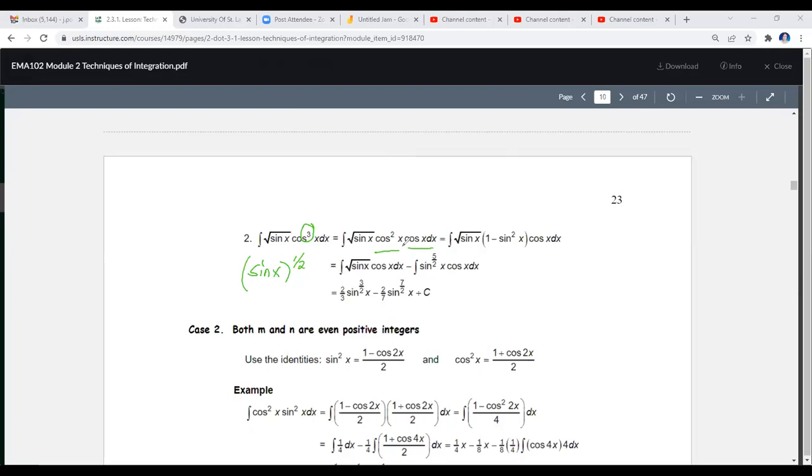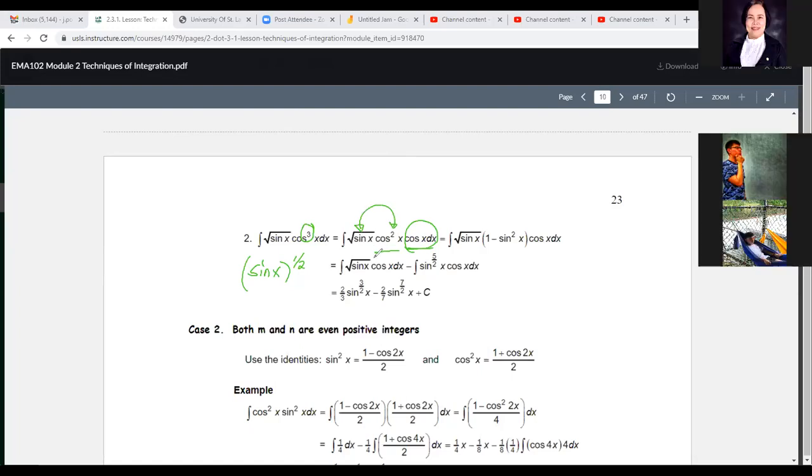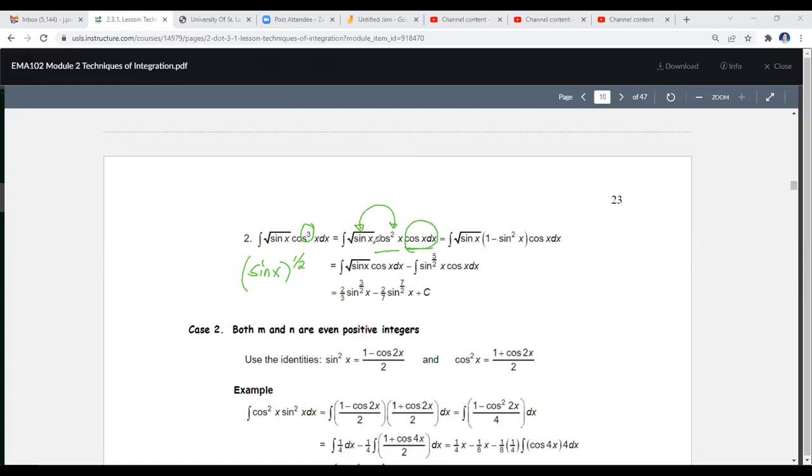The one that you set aside, the cosine of x dx, will again represent the derivative of the functions that you have here after you have made these two functions similar. What do I mean with similar? Since you have here the square root of sine x, you need to convert the cosine squared of x in terms of sine x. That way, they can both have the derivative of the sine x, which is cosine of x dx.